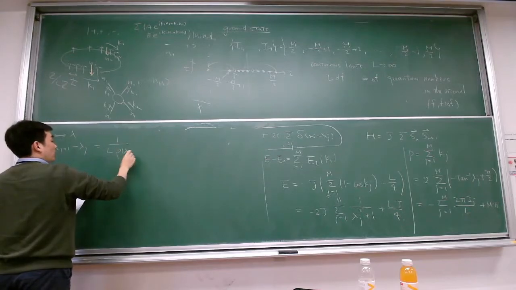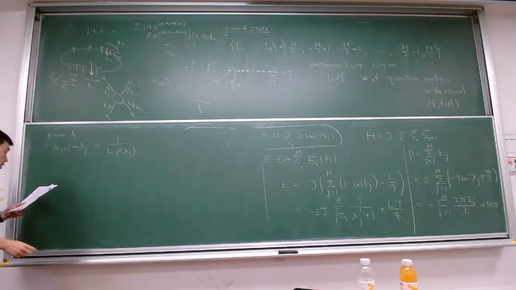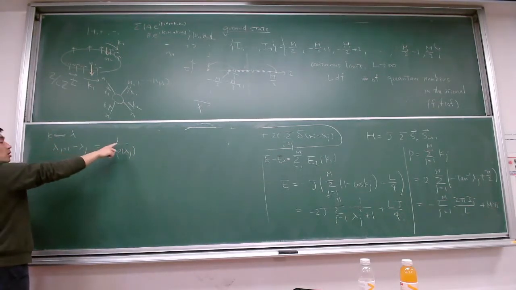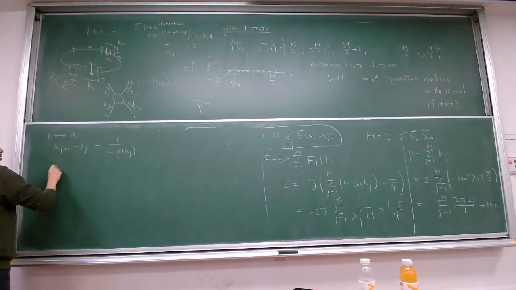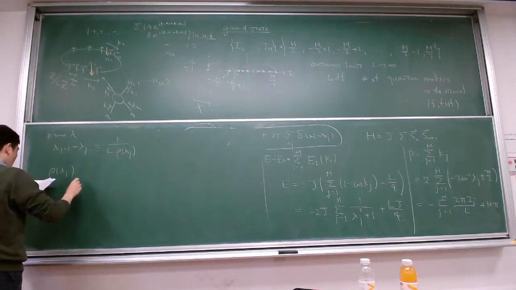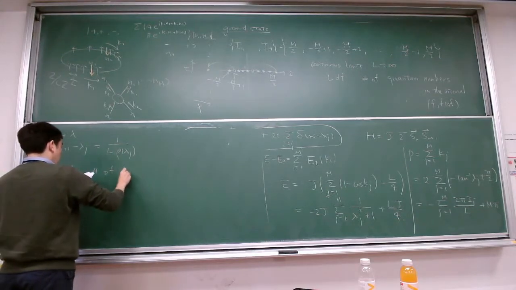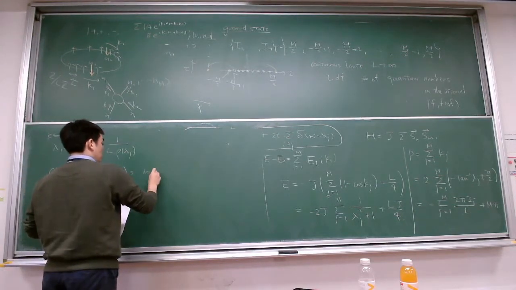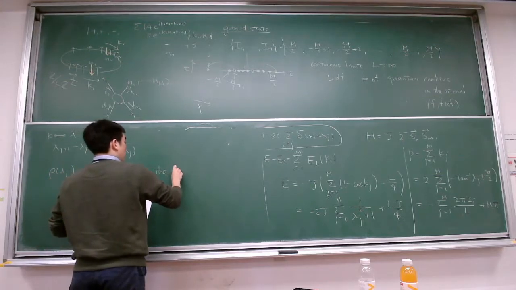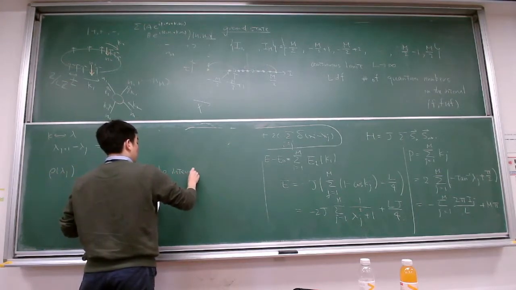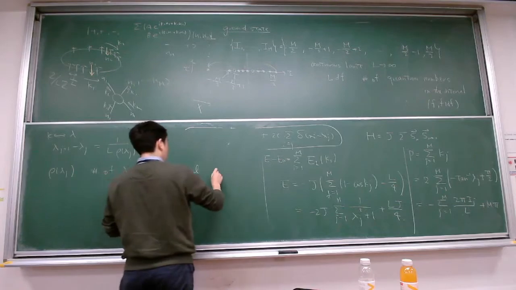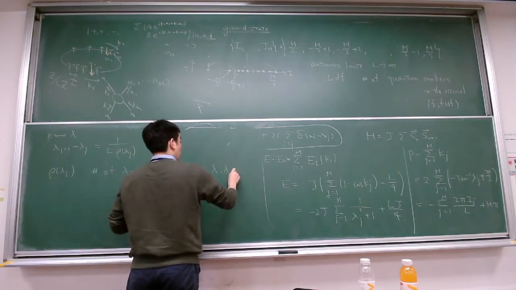The meaning of rho is the number of lambdas in the interval between lambda and lambda plus d lambda.